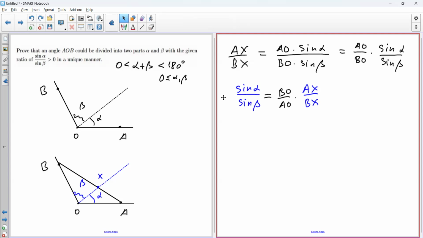So we sort of translate this problem to the language of similar statements about the segments.